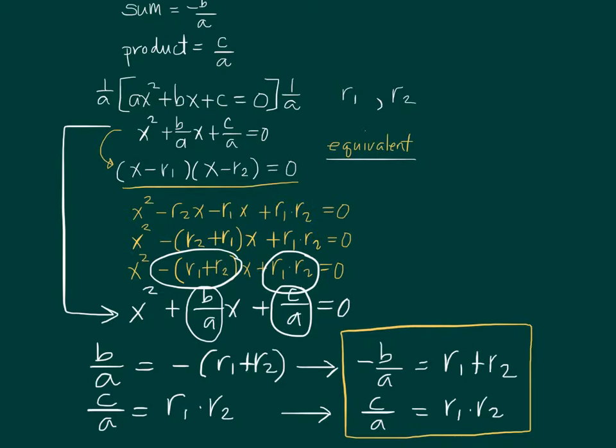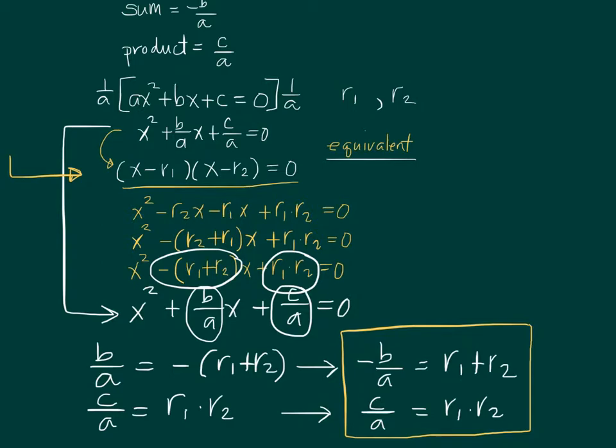Okay, so they basically came from the quadratic equation ax squared plus bx plus c is equal to 0. Okay, so the most critical part in understanding this proof or explanation on why the formulas work is that the roots of the equation gave us this factored form of x squared plus b over a x plus c over a is equal to 0.